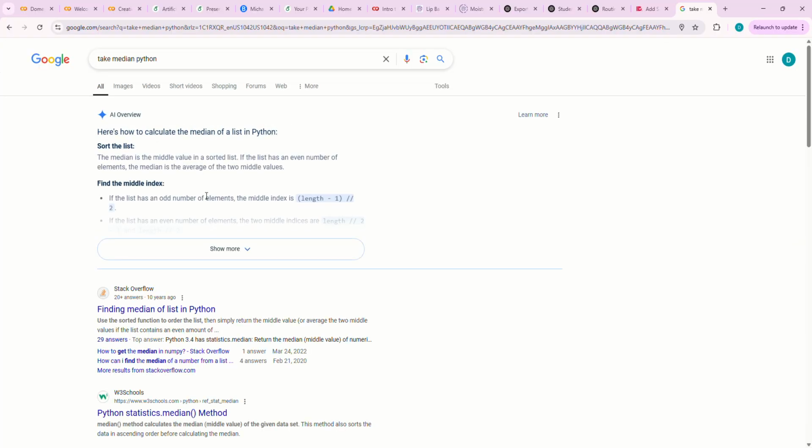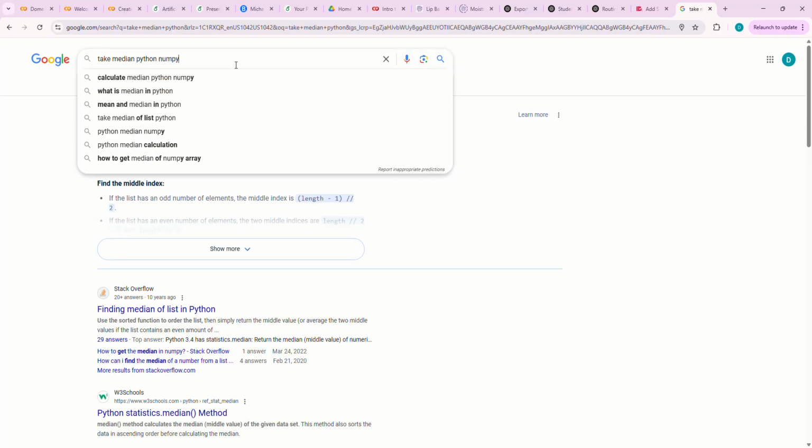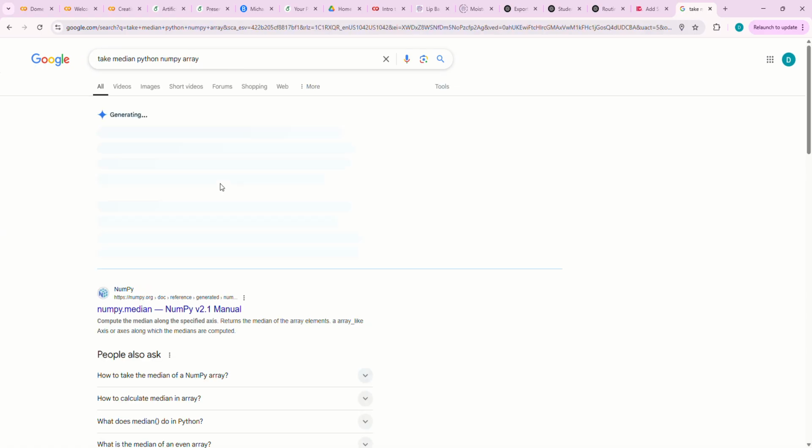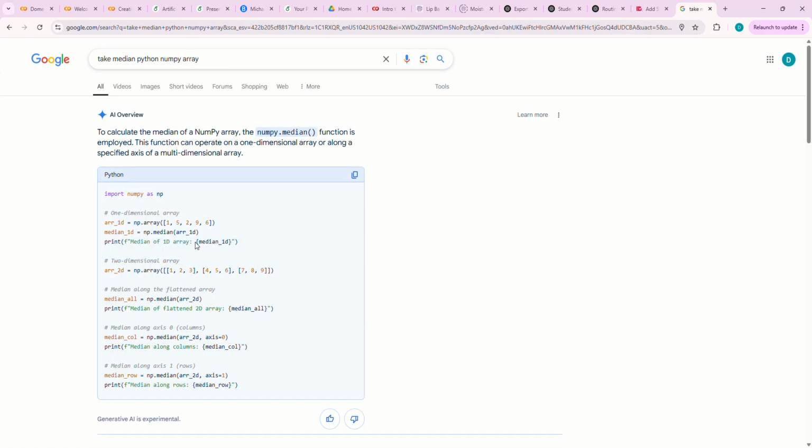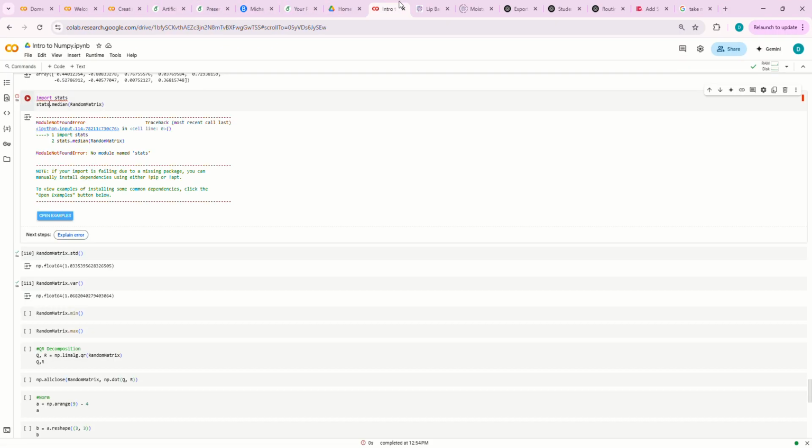It's a good example of how to debug. You just search for what you want to do. Yeah, I should have just done np.median. So np.median.